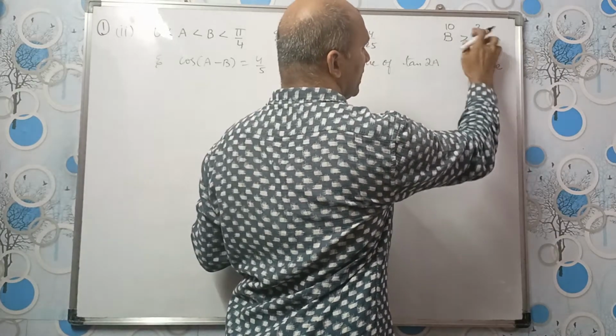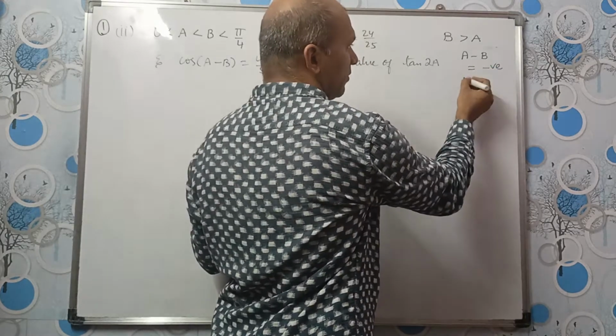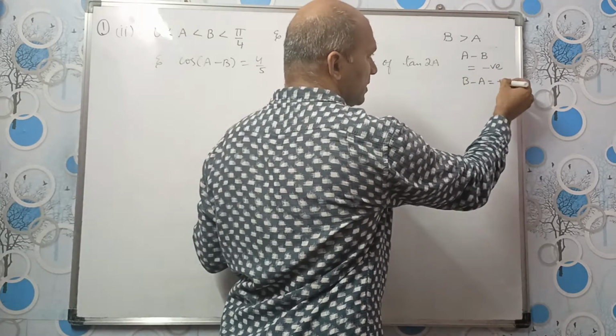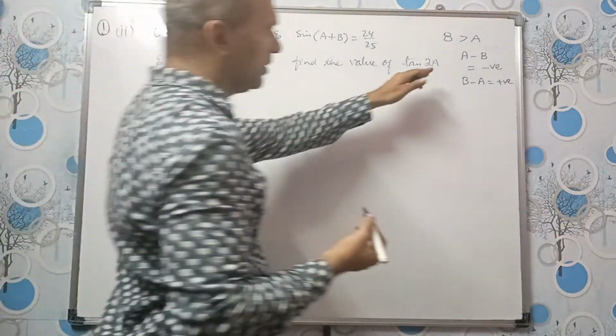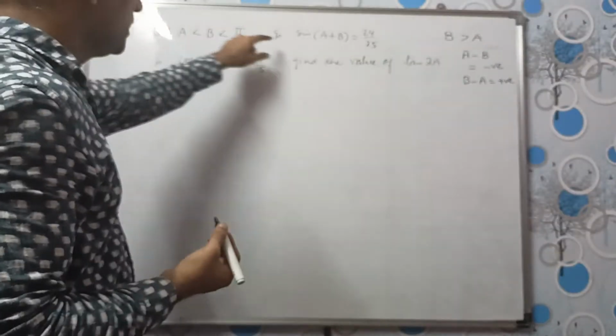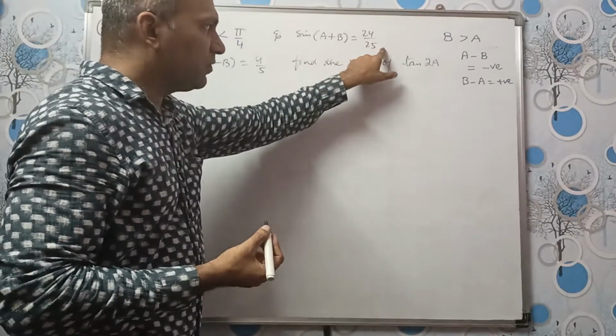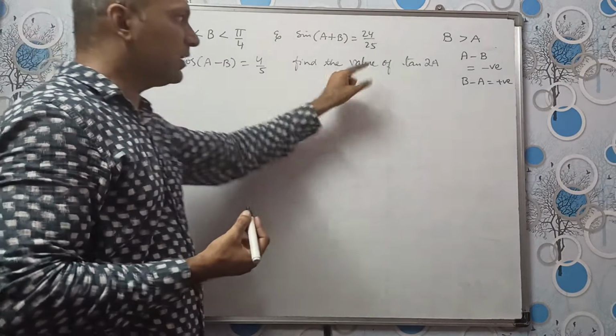So A minus B will give a negative number, B minus A will give a positive number. A plus B will be positive. And sin A plus B is 24 by 25 given, and cos A minus B is 4 by 5 given. We need to find the value of tan 2A.